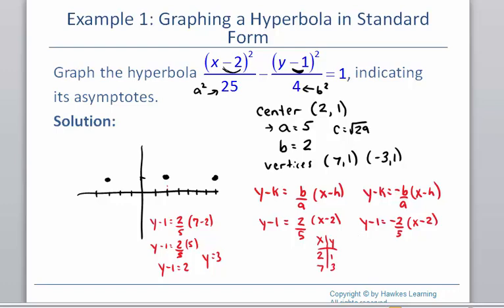That gives me a second point that I can plot. I'm going to extend that up a little bit, and then plot that second point: over 7, up 3. I'm going to dot those two points together, and that makes my asymptote.